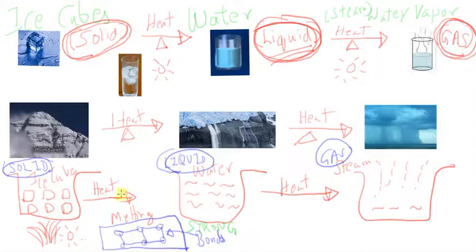Now when we get to a liquid, those bonds become weaker, right? Yes. If we look inside the liquid at the water molecules, now they are far apart from each other, and the bonds are much weaker.